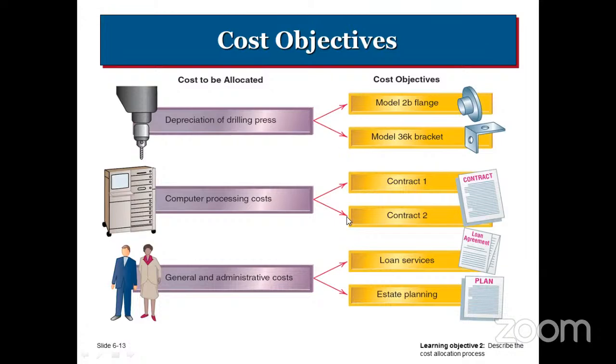So you have to work out the rate, how much to charge them, every month or every year or every quarter. And for general admin, HR department, IT department, whatever department, you also need to allocate their cost.